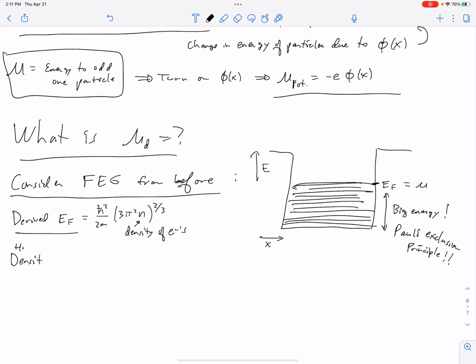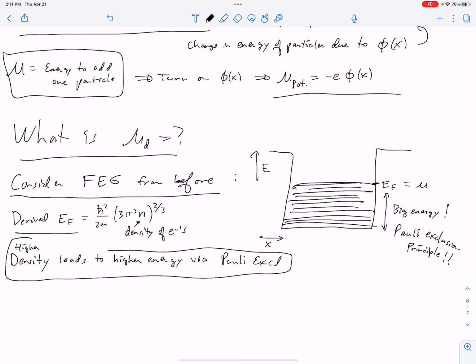The way to think about it is higher density leads to higher energy via the Pauli exclusion principle. So then what that means is that mu sub d comes from the Pauli exclusion principle.